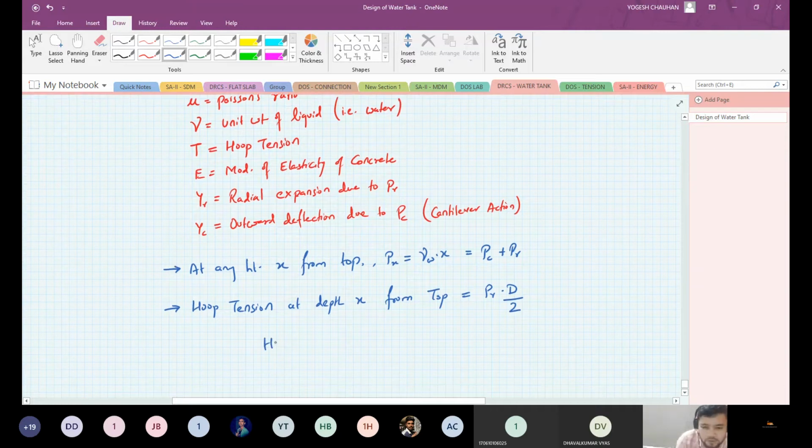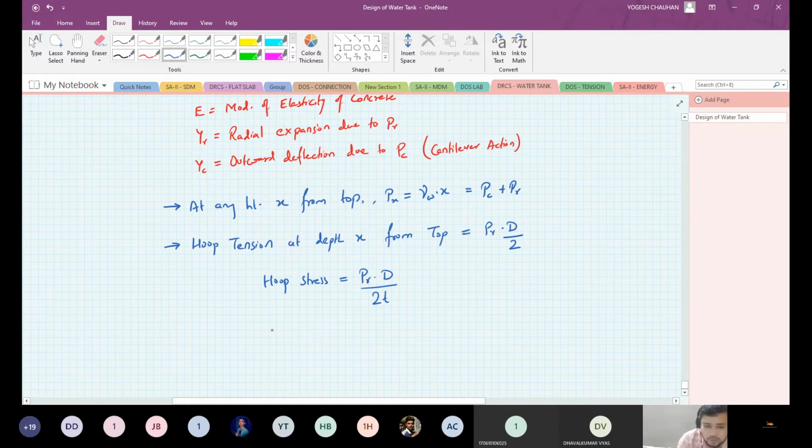So hook stress is equal to Pr d by 2 T, and the corresponding hook strain is equal to Pr d by 2 T E. Remember E is equal to stress upon strain, so we are finding strain, which is stress divided by modulus of elasticity.